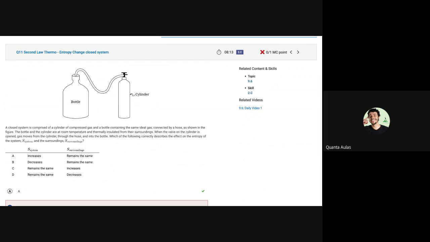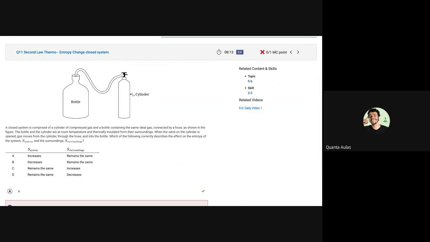We need to know about the entropy in these systems. For example, the first option: the entropy of the system increases, and the entropy of the surroundings is the same.